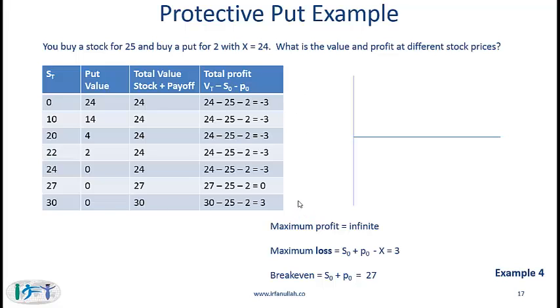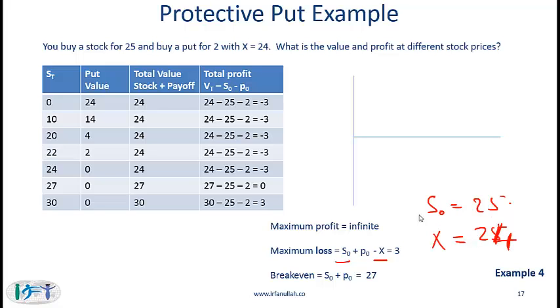The only thing that I will emphasize is the fact that now S0 and X are different. So we have S0, which is equal to 25. That's how much you paid for the stock. And the strike price on the put is 24.